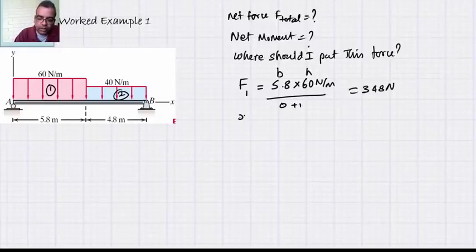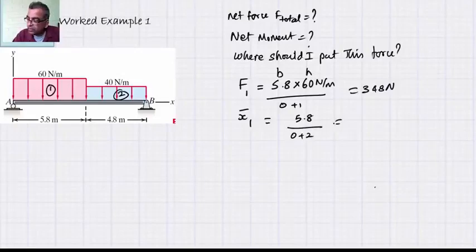And x bar 1 turns out to be 5.8 base divided by 0 plus 2, which is 2. Okay, that's x bar 1. So this one I have replaced by a single force acting here.